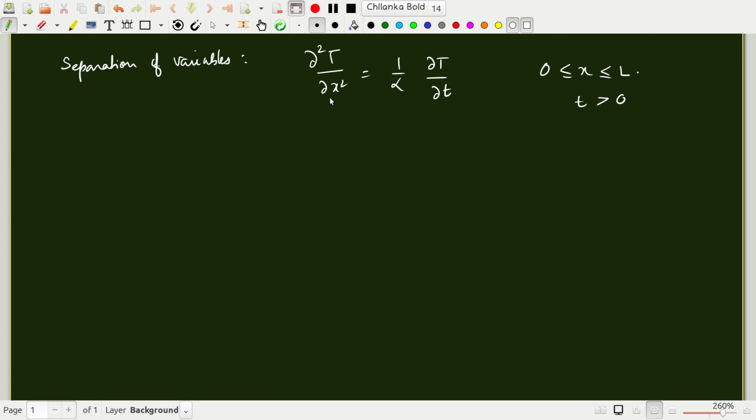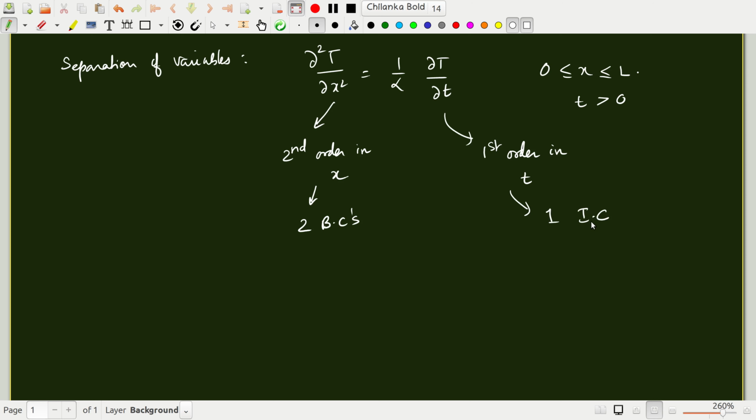So this is a second order differential equation in x and first order in time, so you need two boundary conditions and one initial condition to solve this.